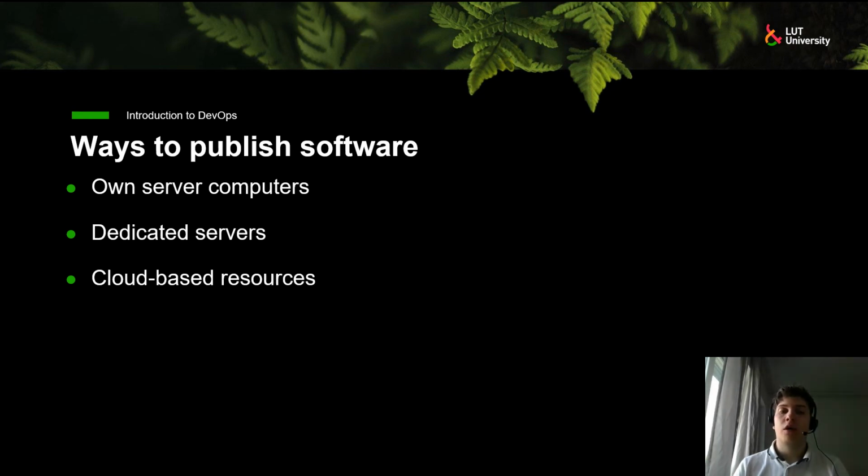Compared to the traditional ways of publishing the software, the cloud-based resources are more scalable and dynamic, and it is a more modern way to publish software, and we will next talk about cloud computing in more detail.